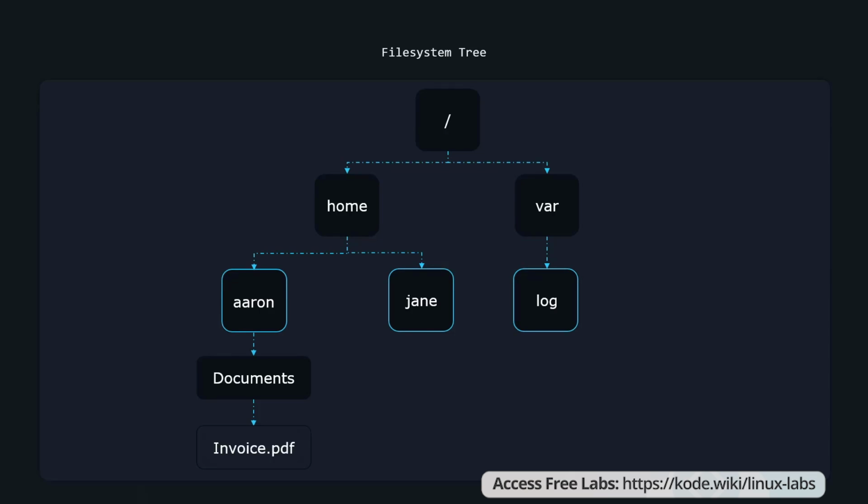To access a file or directory on our command line, we must specify its file path or directory path. This path can be written in two different ways. The easiest to understand is the absolute path. /home/aaron/documents/invoice.pdf is an example of such a path.